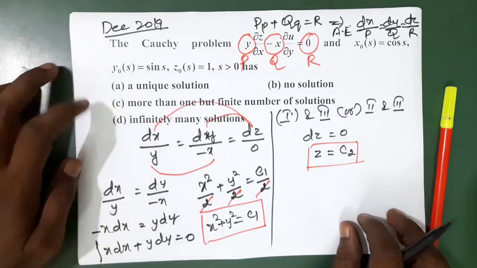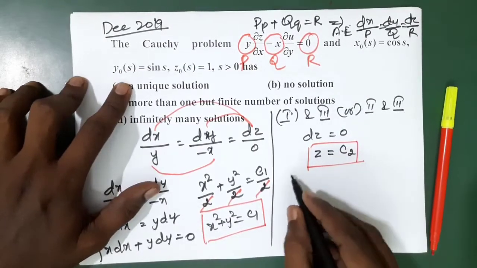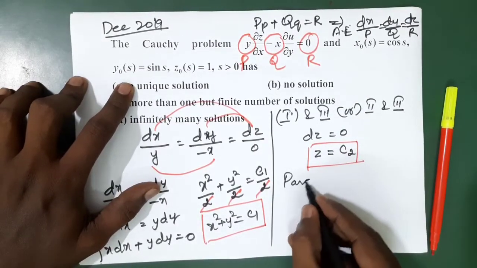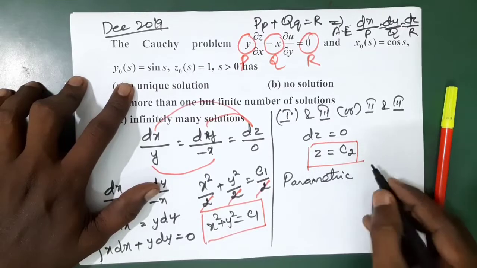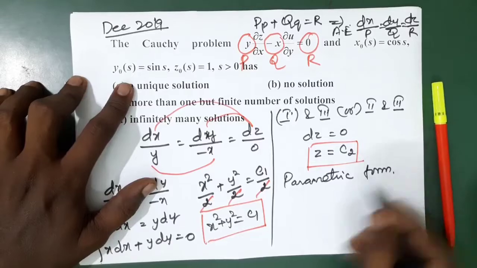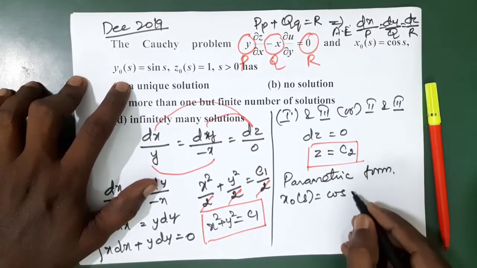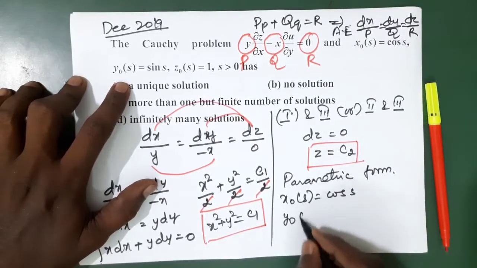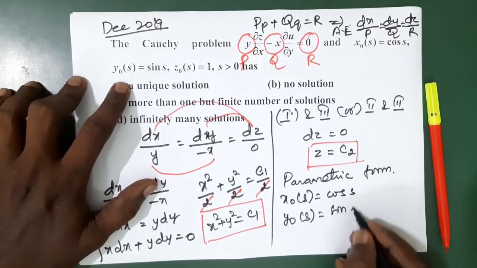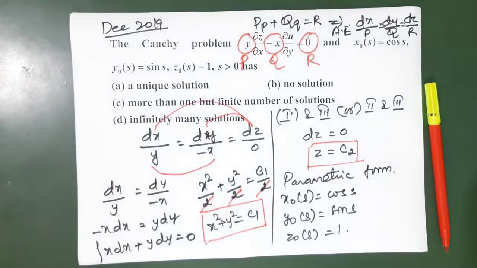And using the initial conditions, the parametric form. What is given? x naught of s is equal to cos s, y naught of s is equal to sin s, z naught of s is equal to 1.